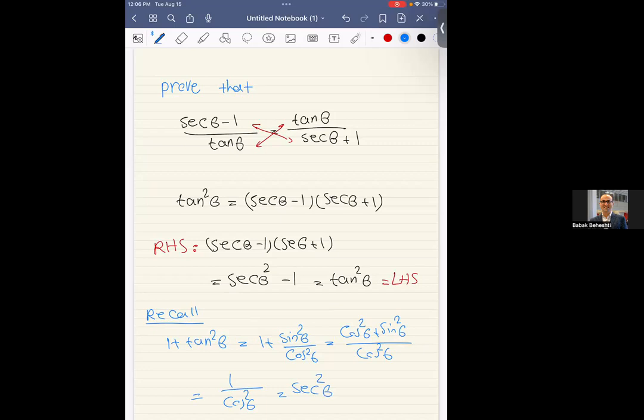So the bottom line is 1 plus tangent square is secant square. Therefore, secant square minus 1 is tangent square.